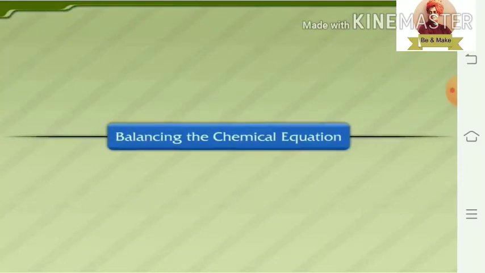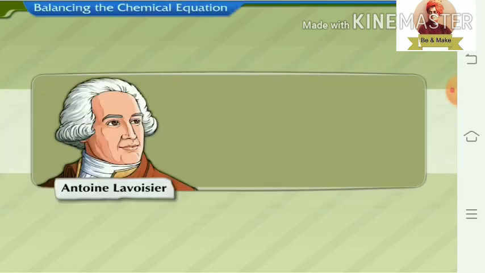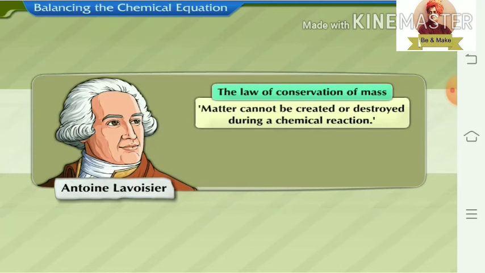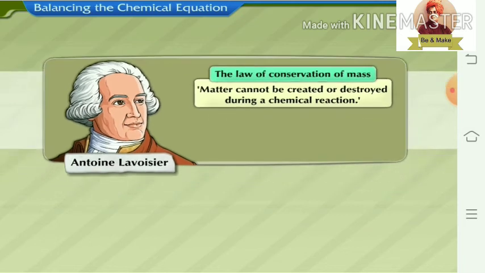In order to balance it, we have to count the number of atoms on the reactant and product side. So what is balancing a chemical equation? It depends on the law of conservation of mass. The law of conservation of mass states that matter cannot be created or destroyed.